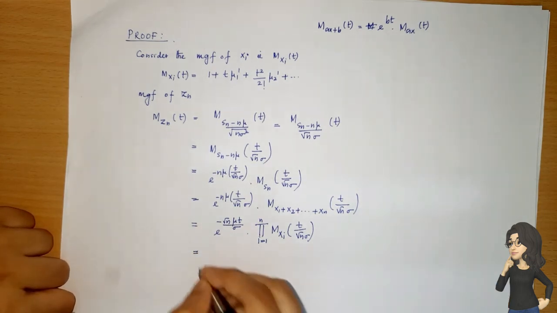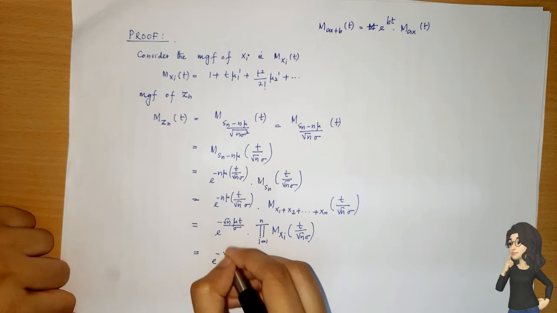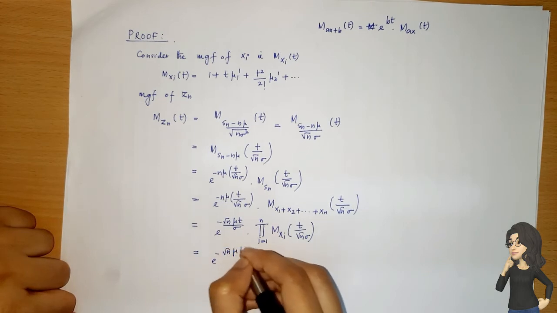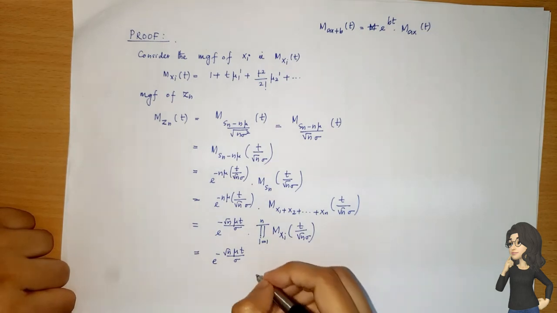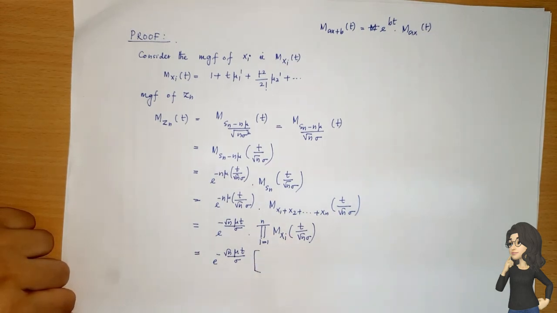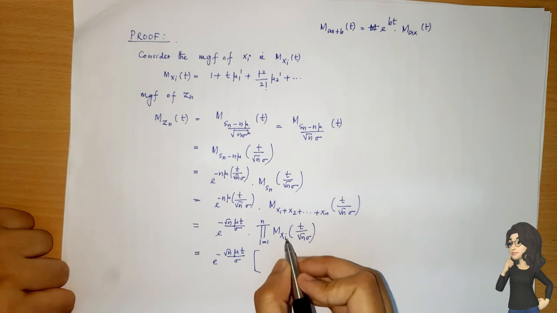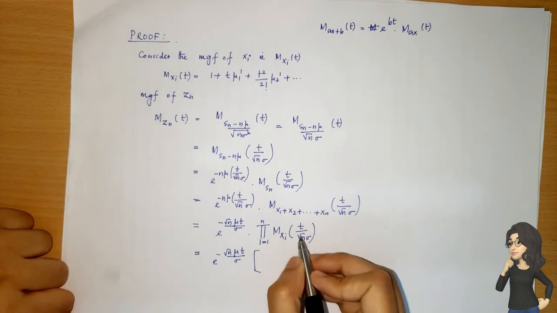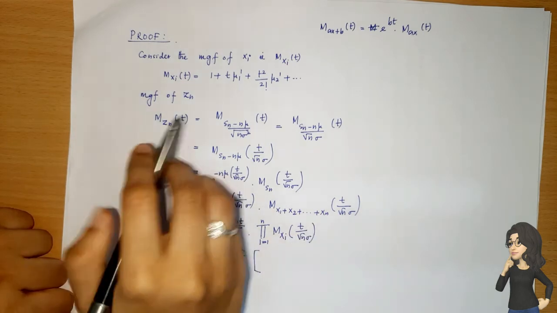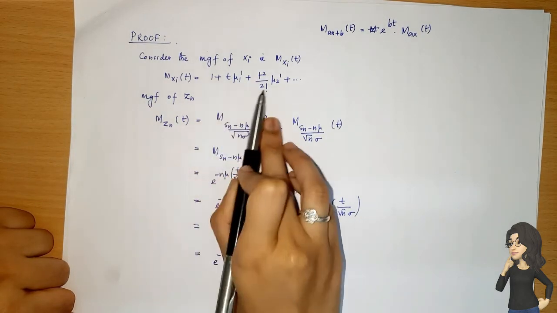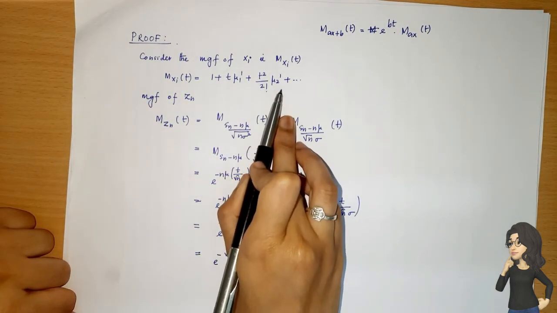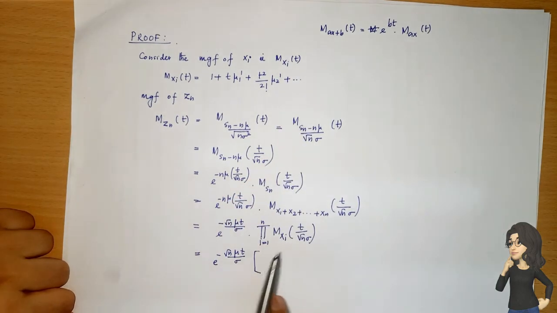So we can write e raised to minus root n mu t divided by sigma into, I am going to expand what this is, M_{Xi}(t by root n sigma). M_{Xi}(t) is 1 plus t mu 1 dash plus t square by 2 factorial mu 2 dash plus etc. So what is this?